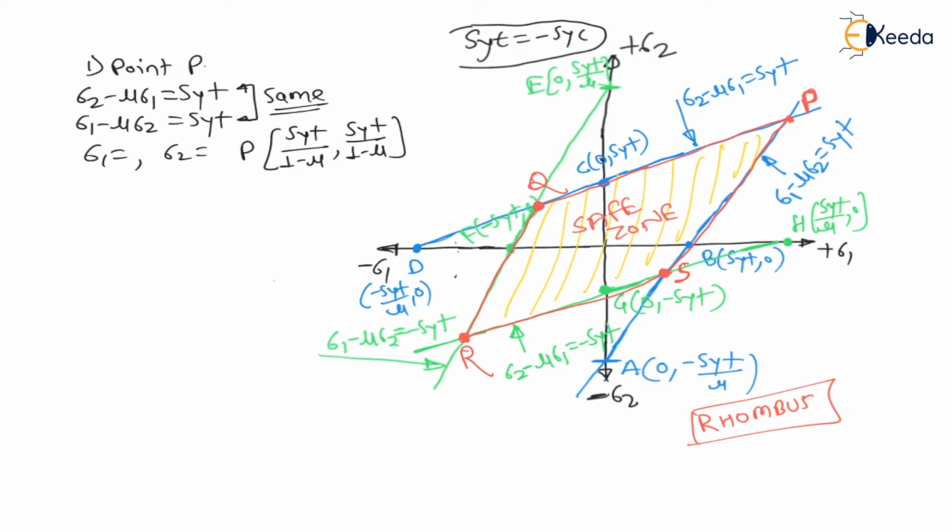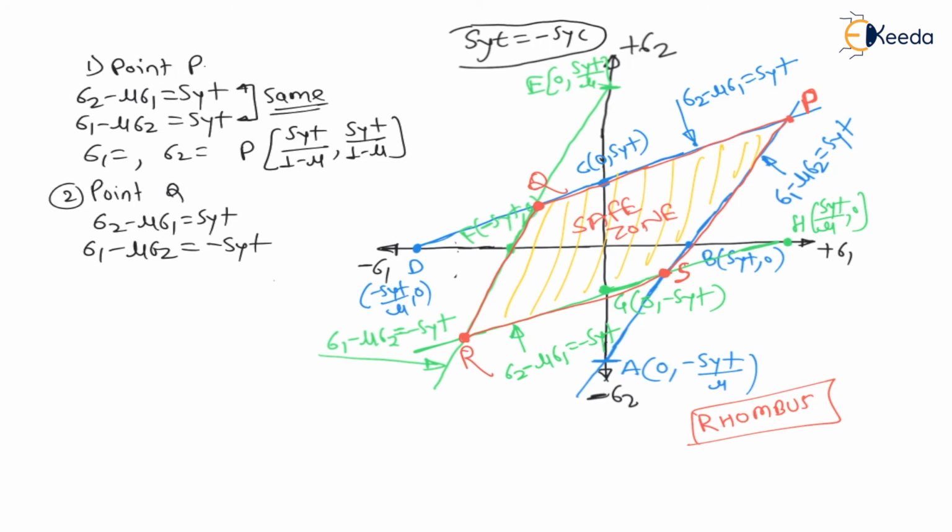Now, for point Q, the second point: point Q is the intersection of the line sigma 2 minus mu sigma 1 is equal to SYT, and the second line, sigma 1 minus mu sigma 2 is equal to minus SYT.